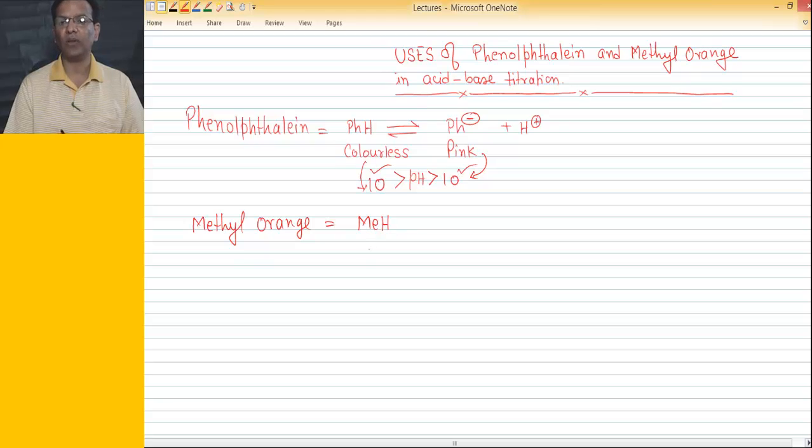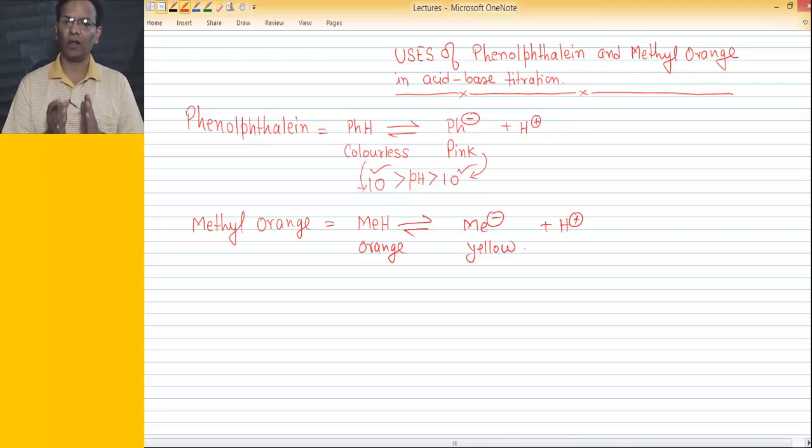The acid form of methyl orange is orange colored, and when it ionizes, its conjugate base is yellow colored.